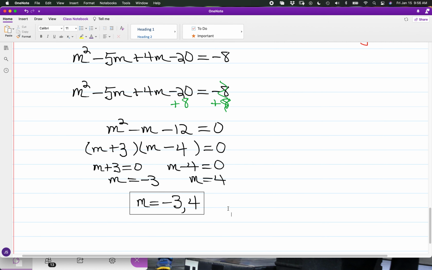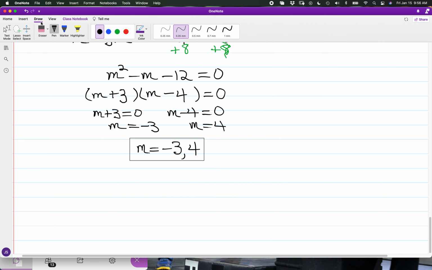Now, with the next set of items, this is going to involve what is referred to as the square root property of equality, and I'll give you a bit of an introduction to this property.